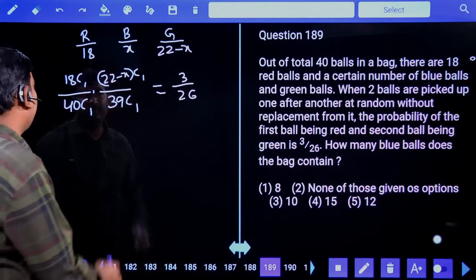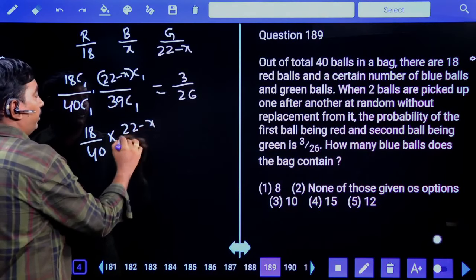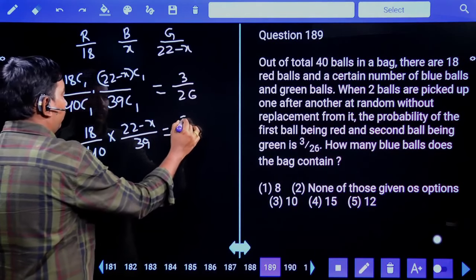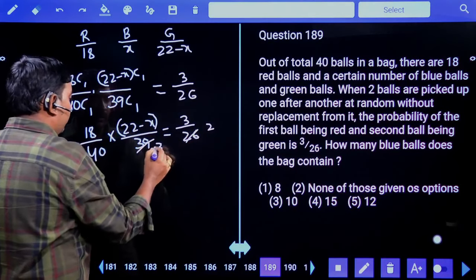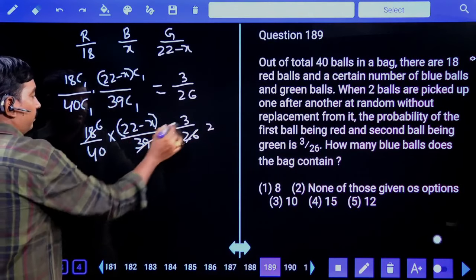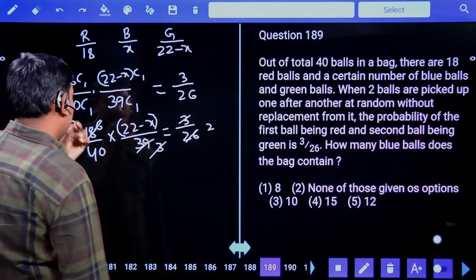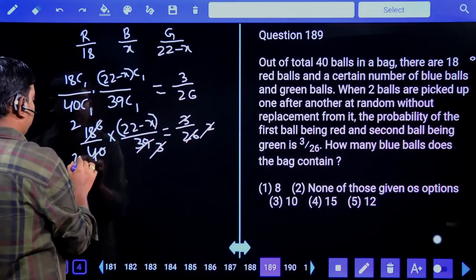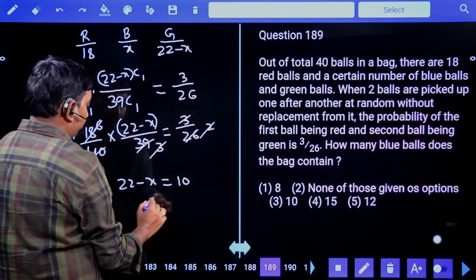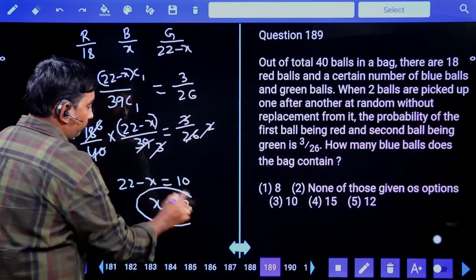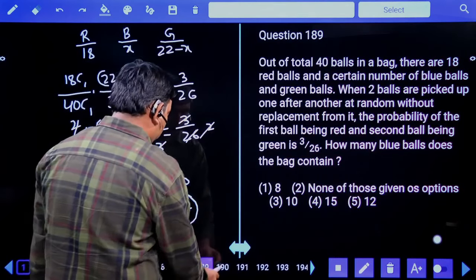Blue balls means x. 18 by 40 into 22 minus x by 39 is equal to 3 by 26. So 22 minus x is equal to 10. X is equal to 12. X means number of blue balls, so the number of blue balls is 12.